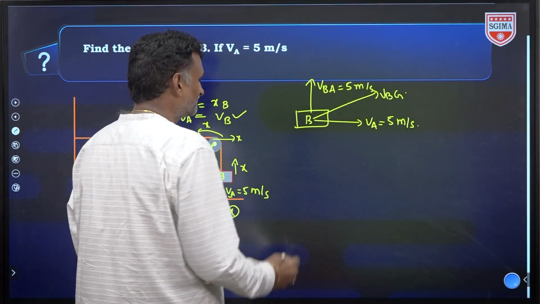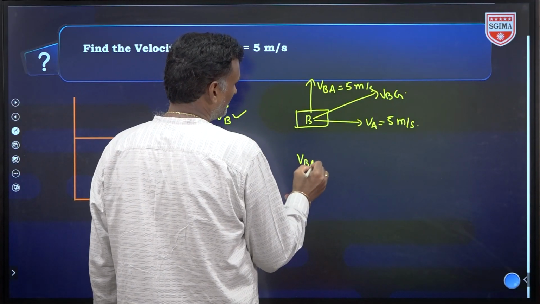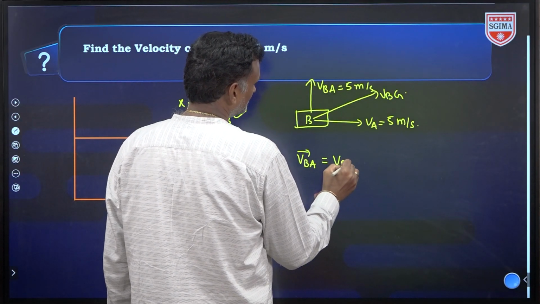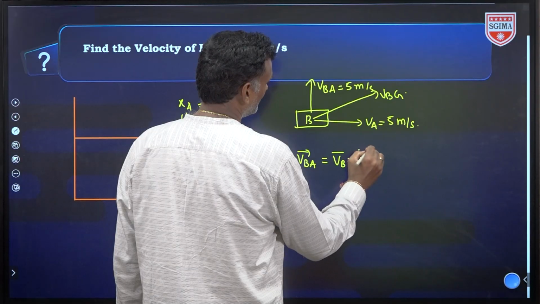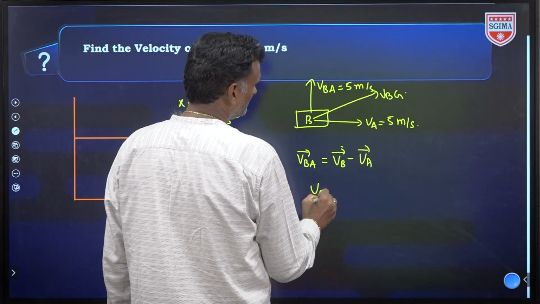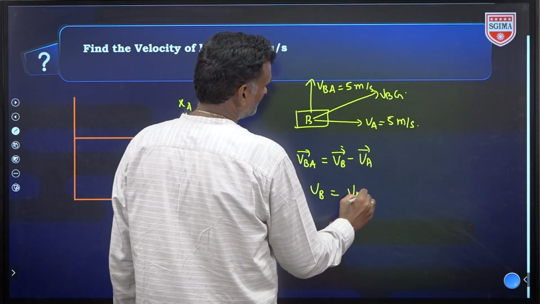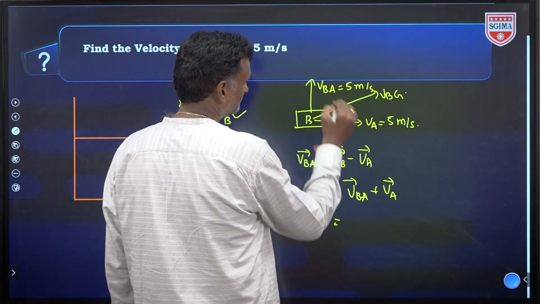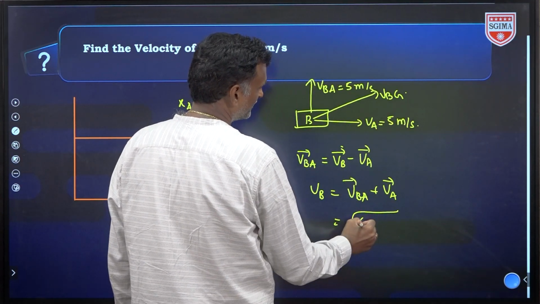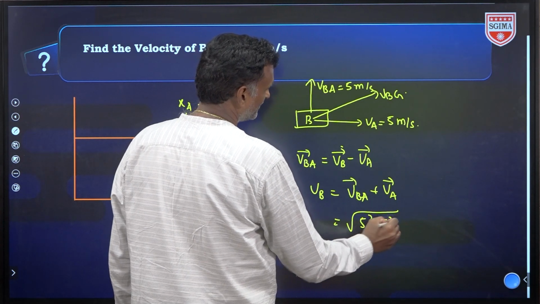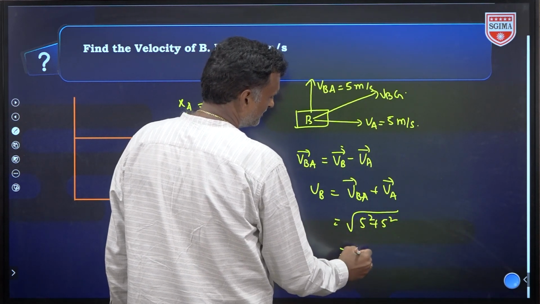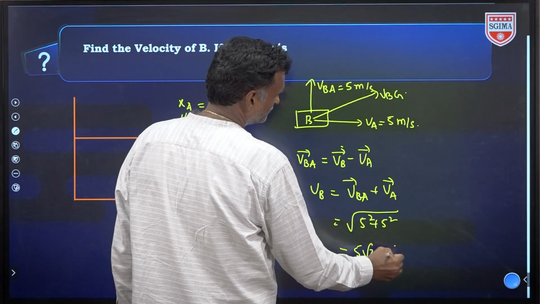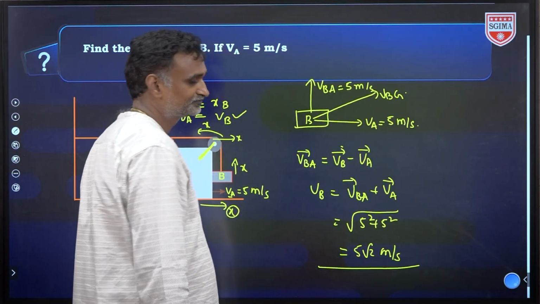Okay? So from the concept of VBA, VB minus VA, we have VB equals VBA vector plus VA vector, VBA upward, VA right side. So angle 90 degrees. We can write 5 square plus 5 square, we get 5 root 2 meter per second.